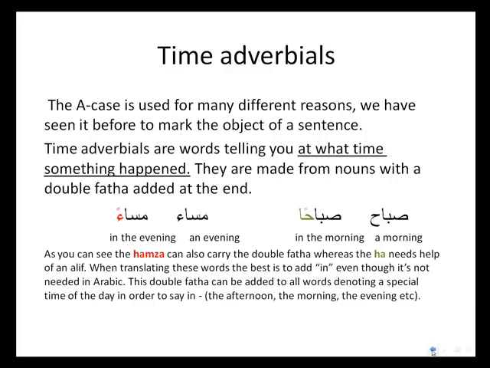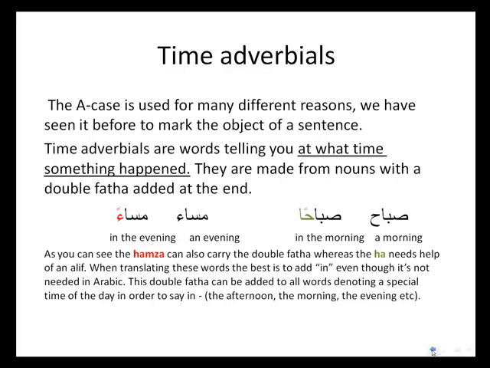So instead of sabahun, a morning, any morning, you say sabahan, and it becomes in the morning. It can be used to say in the morning, I always brush my teeth. I got dressed yesterday in the morning, etc.